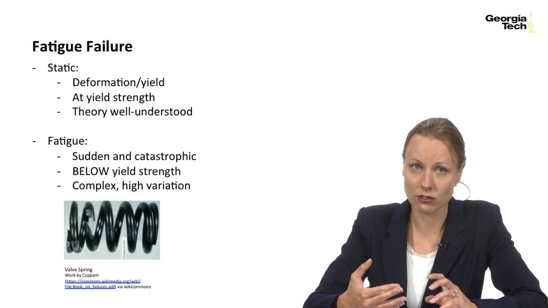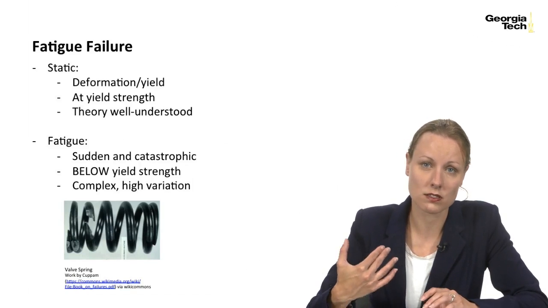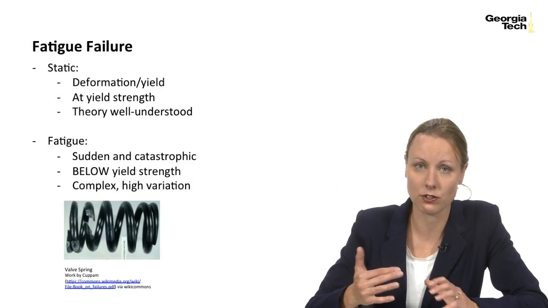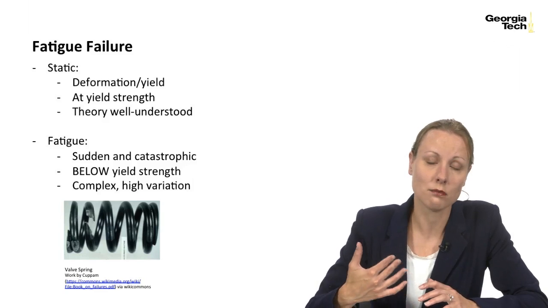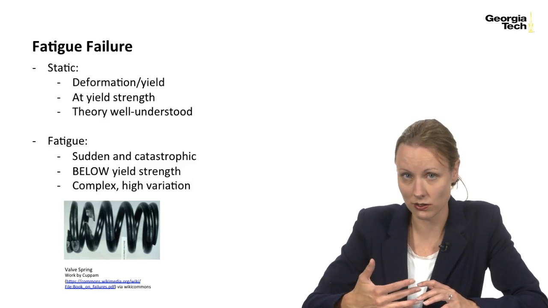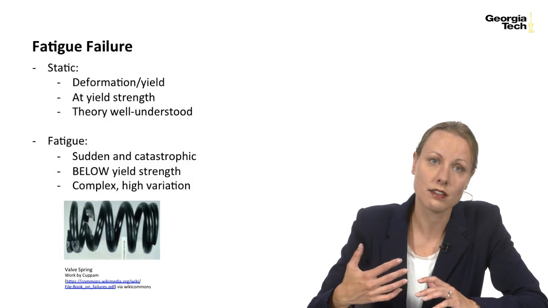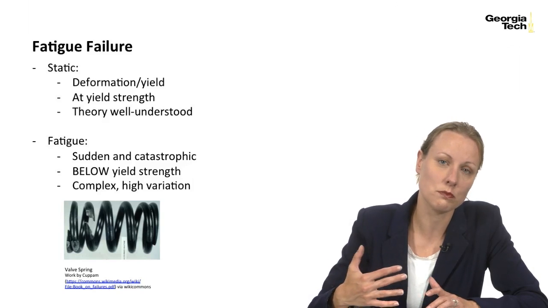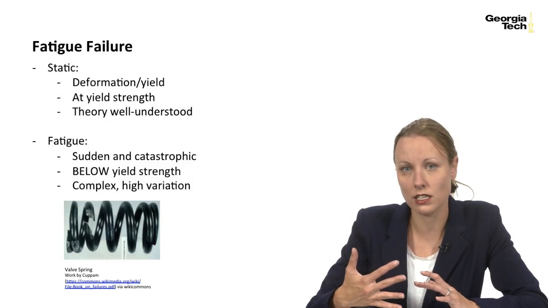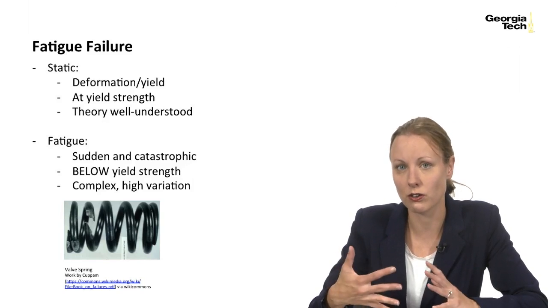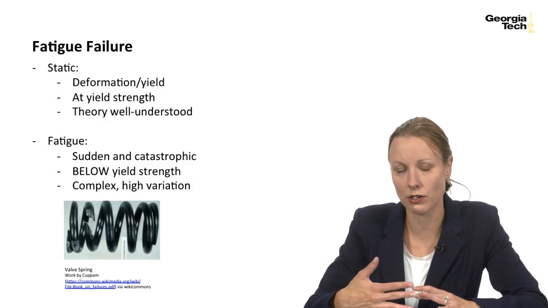For static loading situations, you get deformation or yield that occurs right before the failure if you're in a ductile material. Typically you're failing at the yield strength, or for a brittle material at the ultimate strength. The theory is well understood, which means that it's somewhat simple, or easier, to predict static failure.